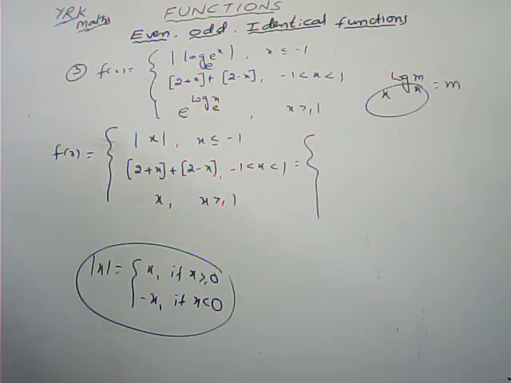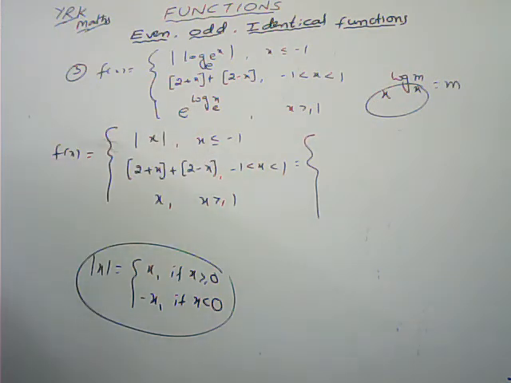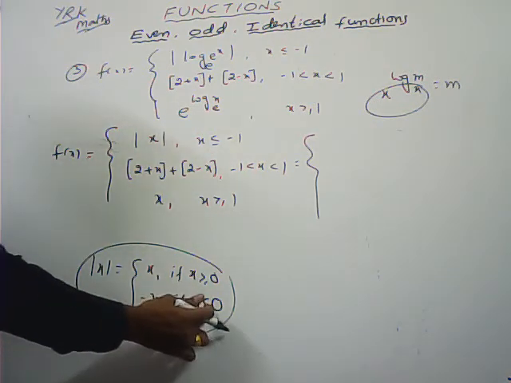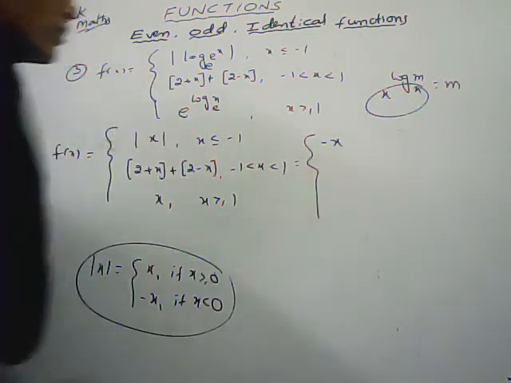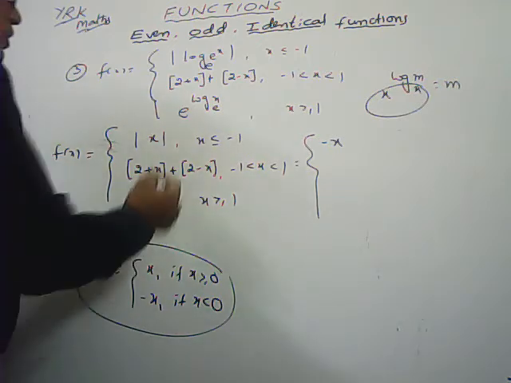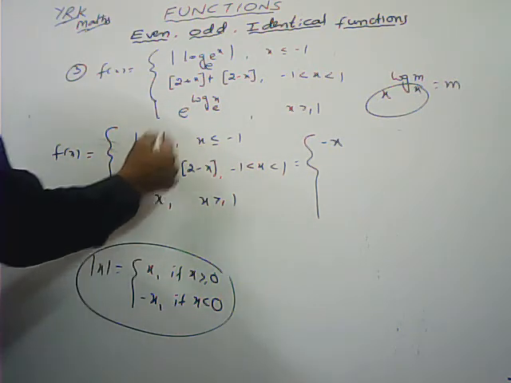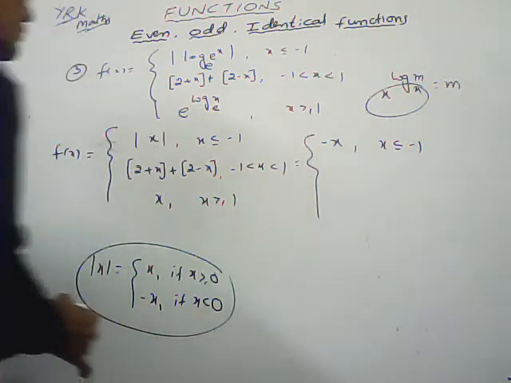So here x less than or equal to minus 1 means x takes negative values only. If x takes negative values, modulus of x equals minus x. X is negative, so modulus of x equals minus x, for x less than or equal to minus 1.